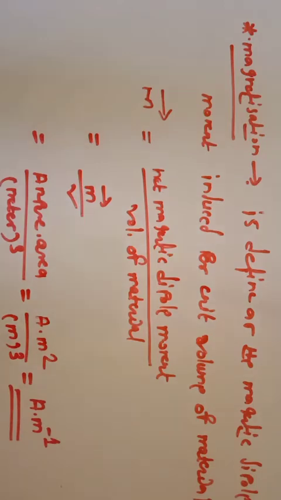If we solve it, we get ampere per meter. You should keep in mind that magnetization is a vector quantity, it gives direction, and therefore we represent it as capital M vector.